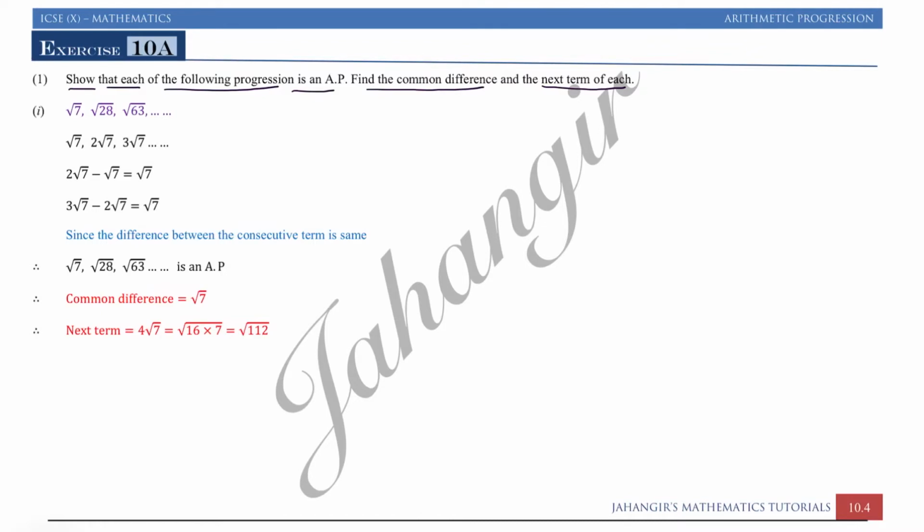So our first term is root 7, second term is root 28, third term is root 63, and so on. So first let us convert all terms into the simplest form. First term is root 7, root 28 को I can write as root 4 into 7, that is 4 का square root is 2, root 7.